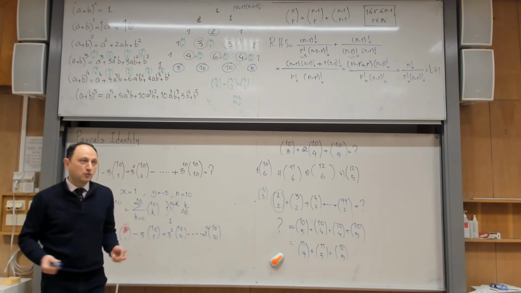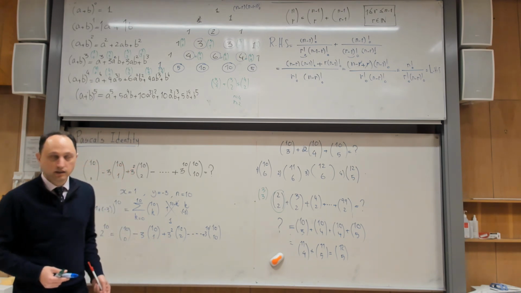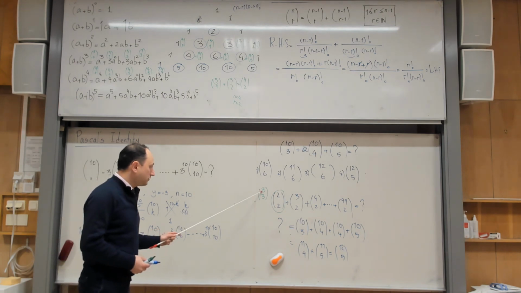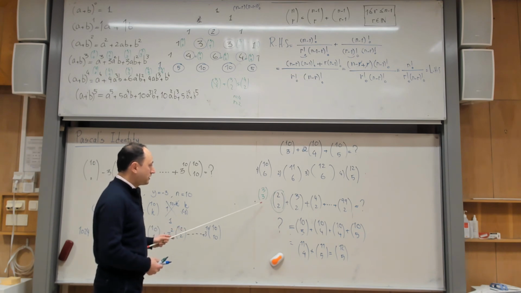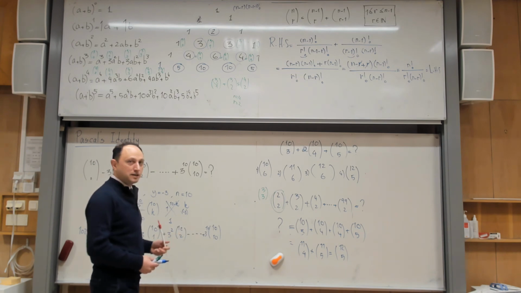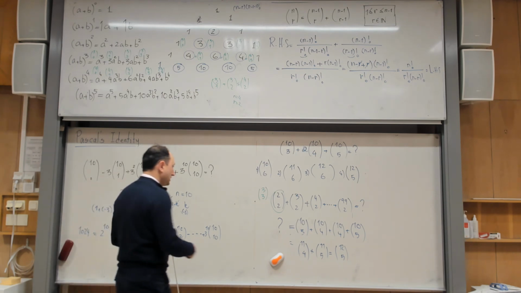I have a group of 3, I want to choose all of them, so there's only one way. So there is no difference between 3 choose 3 and 2 choose 2. But if I replace the first one with this one, then you will realize that a Pascal identity appears, yes?